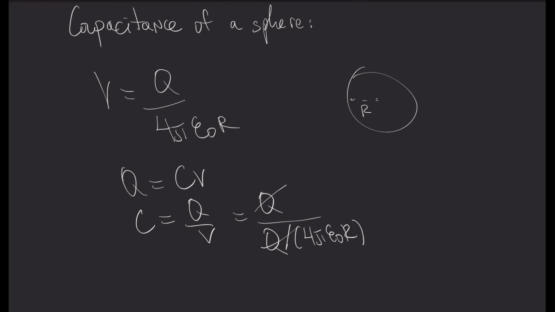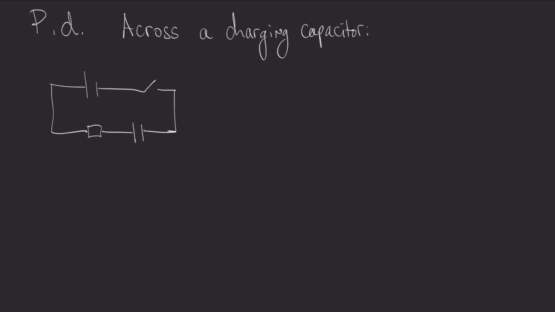Then we get 1 over 1 over, which is just going to give me 4 pi epsilon naught r for the capacitance of a sphere. So it only depends on the radius. Technically, this is only in the OCR specification, but I'm pretty sure I have seen this in AQA questions as well.